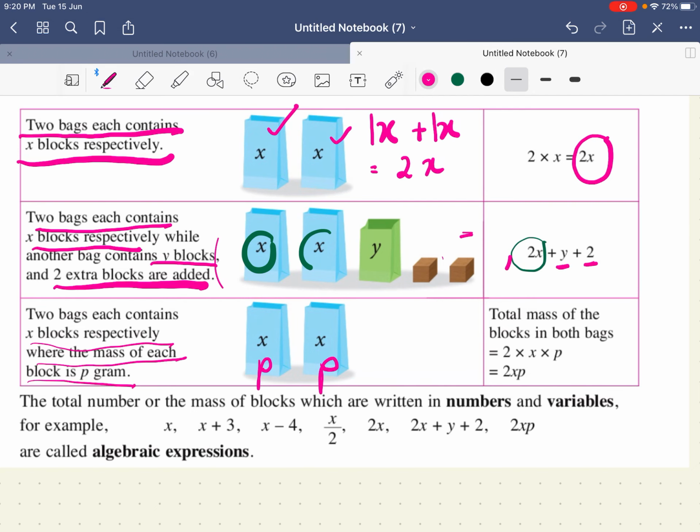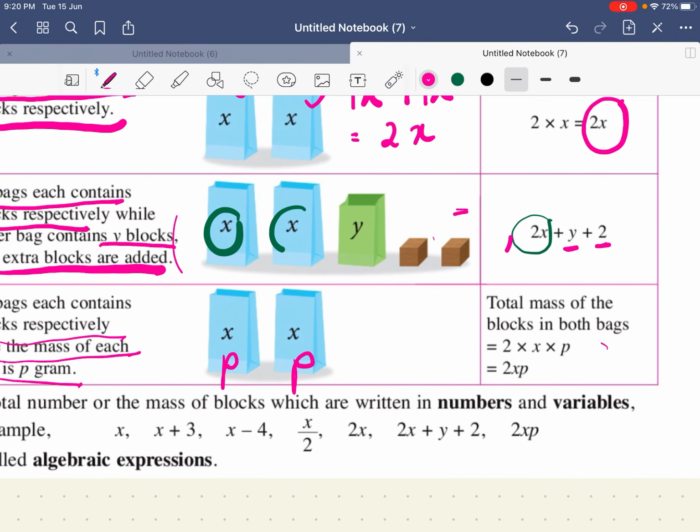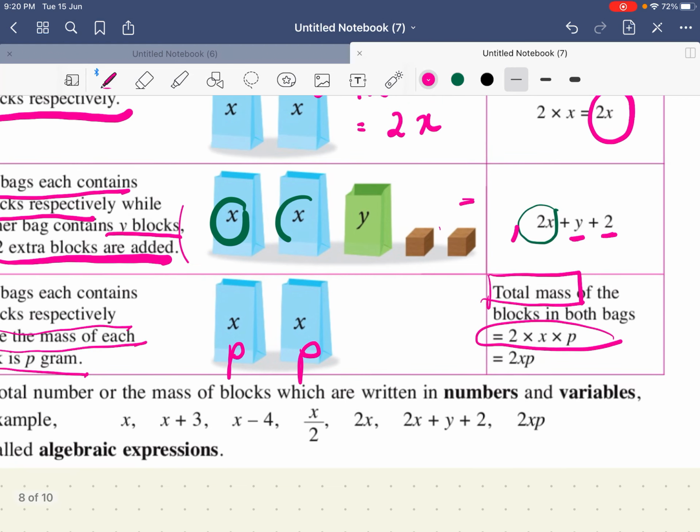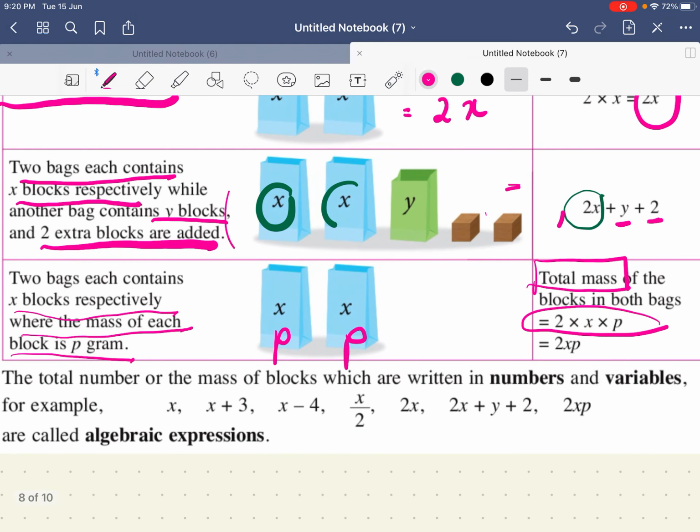Okay, kat sini konsep dia adalah darab sebab dia nak tahu total mass. Okay, kita nak calculate the jumlah berat dia, jumlah jisim dia berapa. So 2xp. Kita darab dua-dua tu. Okay, P tu adalah berat yang kita tak tahu. Variable for the mass that we don't know in gram.